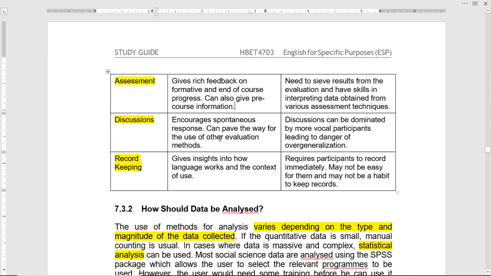Then a discussion. That can be a group discussion or individual discussion. Two or three people can discuss the materials, and then find the needs. Then the other one is record keeping.